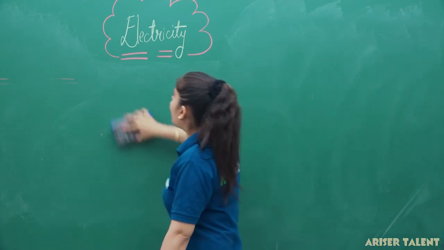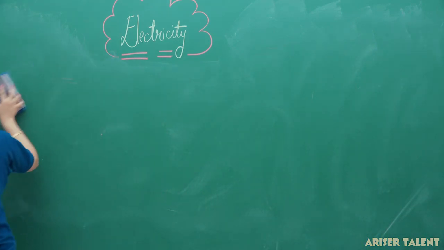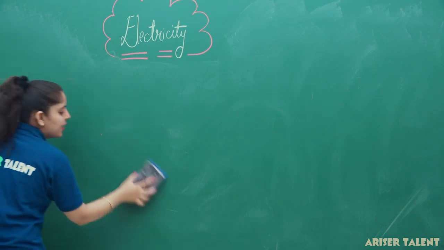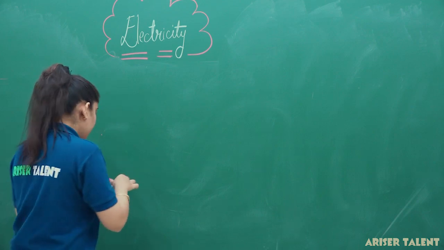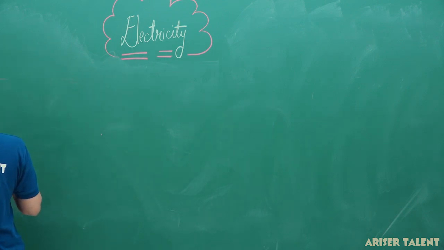Electrical symbols are basically used for drawing the electric circuit because the components we cannot draw as they are. So let us check what the symbols are.